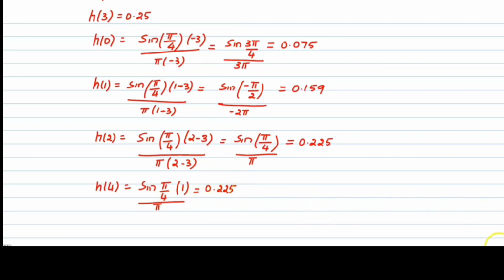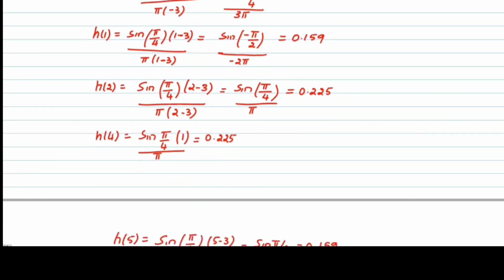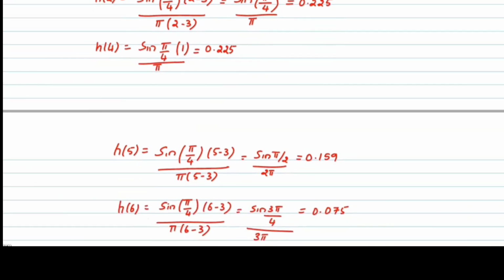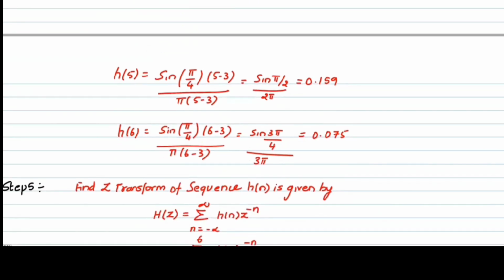You can watch that video also. Next, if I solve h of 6 is equal to sin 3 pi by 4 divided by 3 pi, that is equal to 0.075.